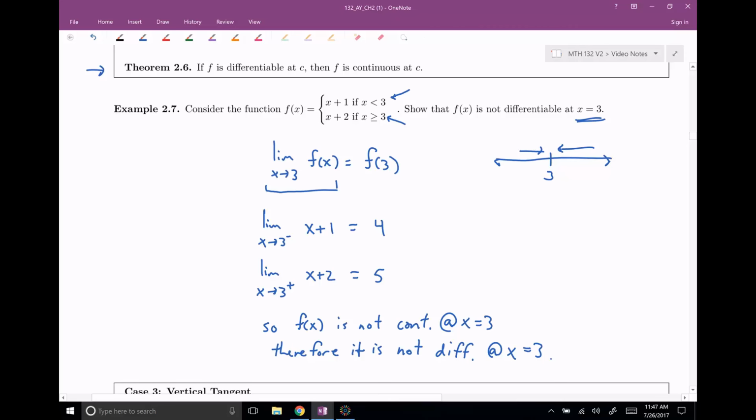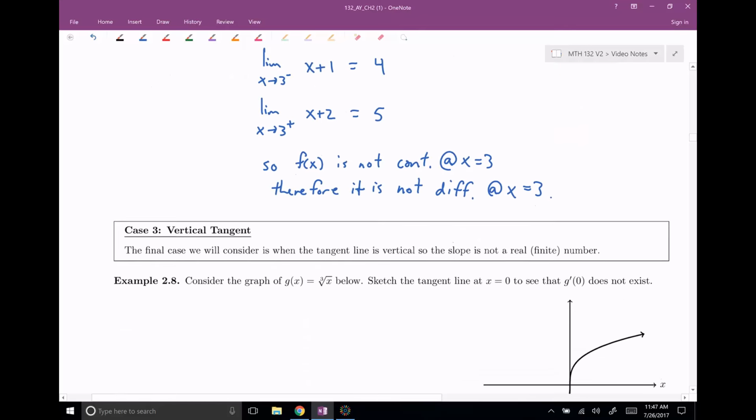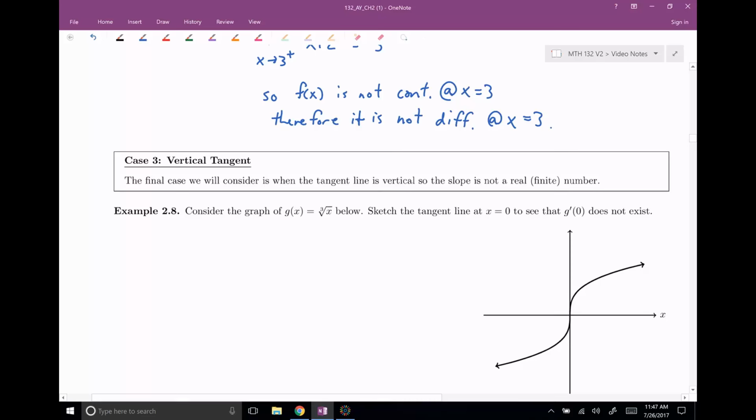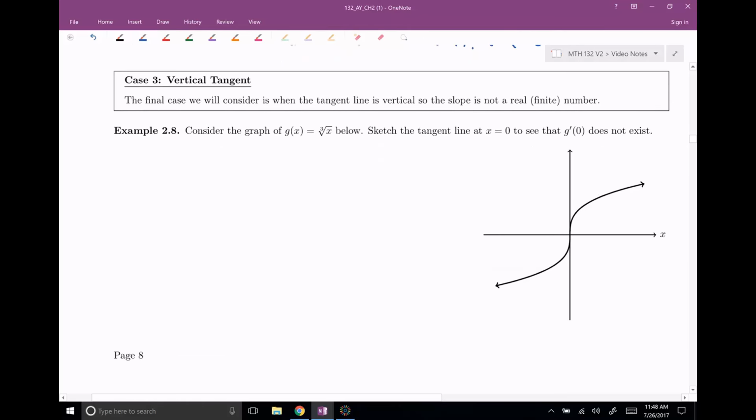All right, the third and final case that we talk about in this class is that sometimes you have a vertical tangent. In this final case, the tangent line could be vertical, so the slope will not be a real finite number. Let's consider this function, the cube root of x. This is a classic one. Sketch the tangent line at x equals 0 to see that the derivative at 0 does not exist.